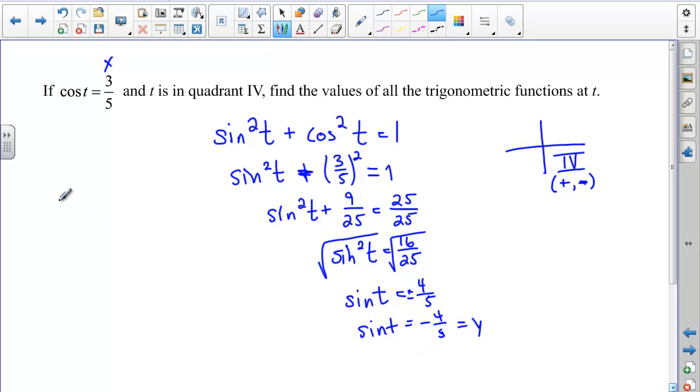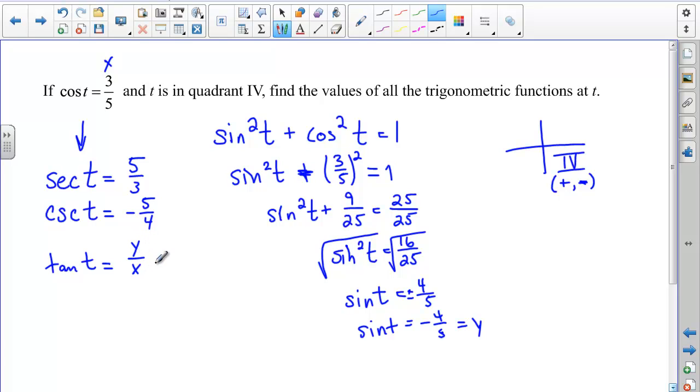I can easily figure out the secant of t because the secant of t is just the reciprocal of the cosine, so that's going to be 5/3. The cosecant of t is the reciprocal of sine, so that's going to be negative 5/4. And then we have the tangent, and the tangent of t is going to be y over x, or sine over cosine.